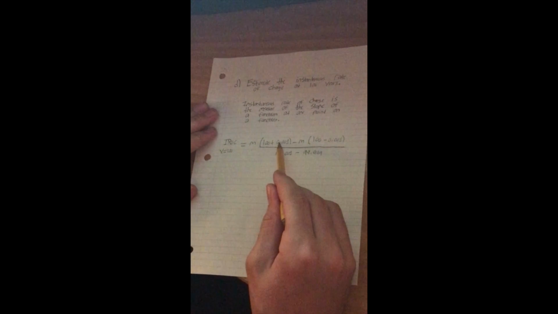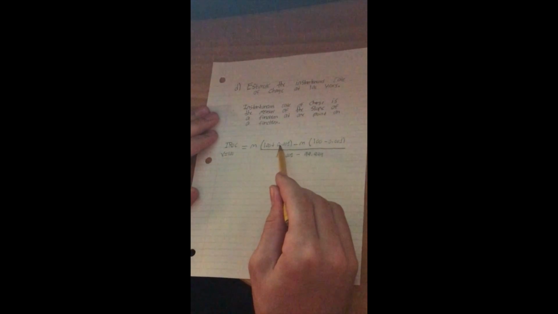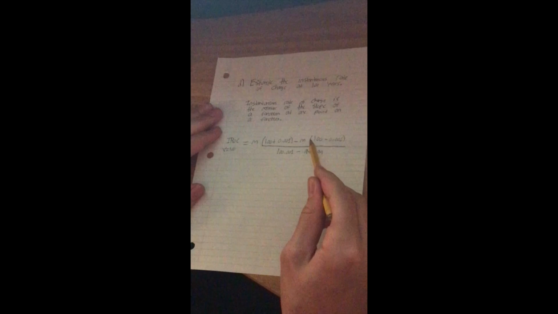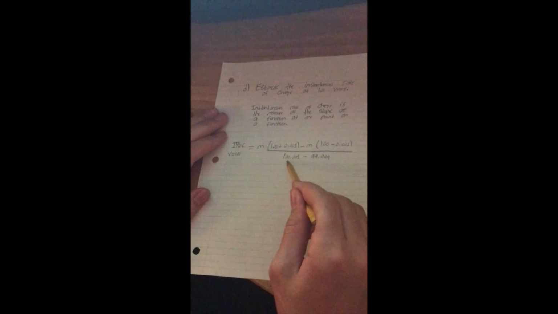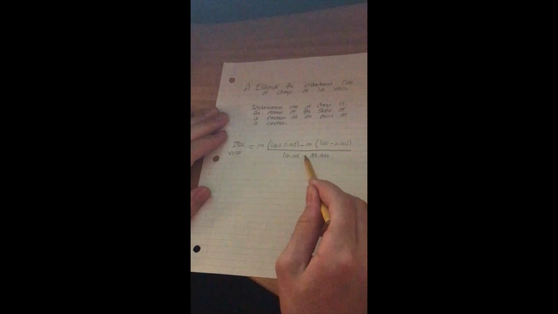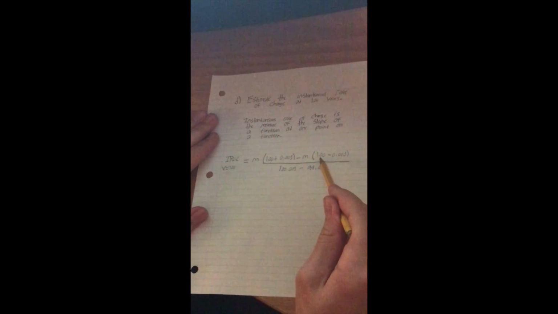So the formula for instantaneous rate of change at x equals 100 is m(100 plus 0.001) minus m(100 minus 0.001), 100.001 minus 99.999. So we get these values by adding 100 plus 0.001 and subtracting 0.001 from 100.